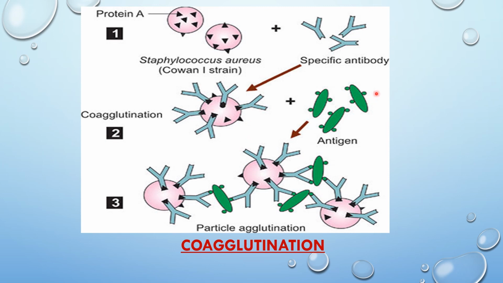Subsequently, if the serum containing the antigen we want to detect is added, again a lattice formation will occur because of the antigen antibody reaction, and clumping or agglutination will be there. This is the principle of the co-agglutination test. Here, instead of latex particles, we have used the Staphylococcus aureus Cowan 1 strain.